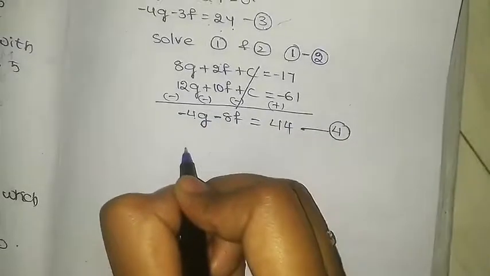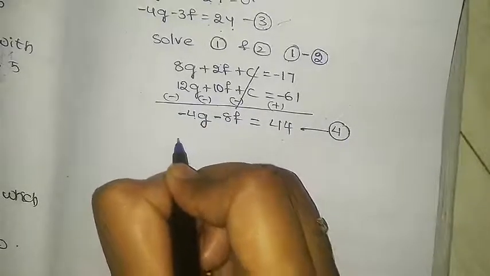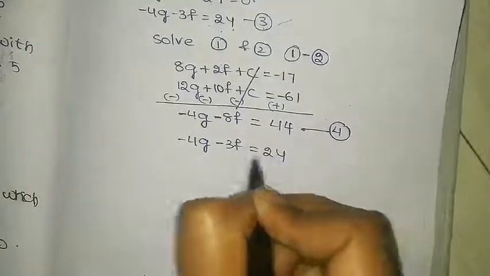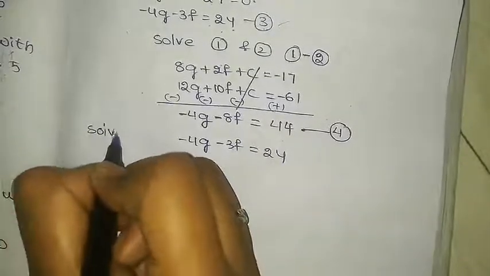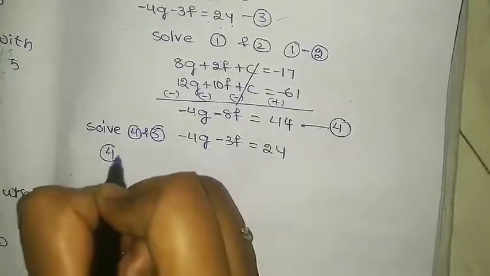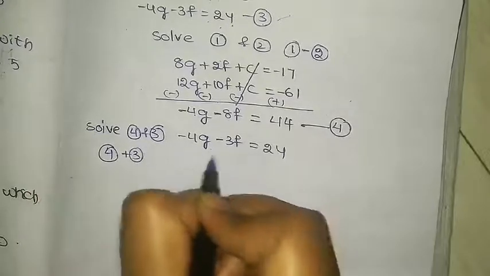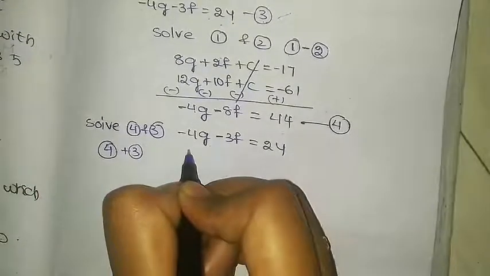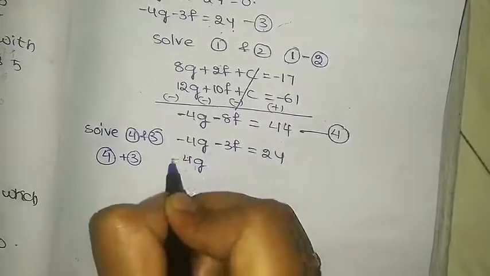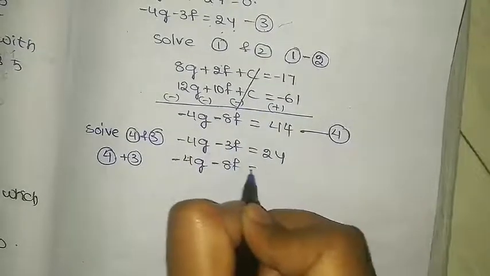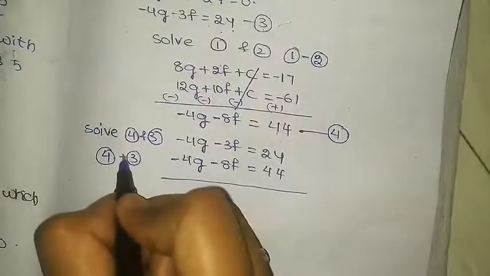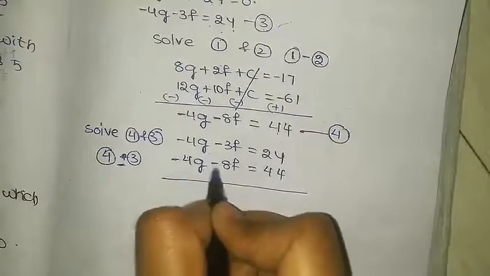We have equation number 3. Equation 3 is minus 4g minus 3f is equal to 24. Now solve 4 and 3. Now we have to subtract so that 4g will cancel.